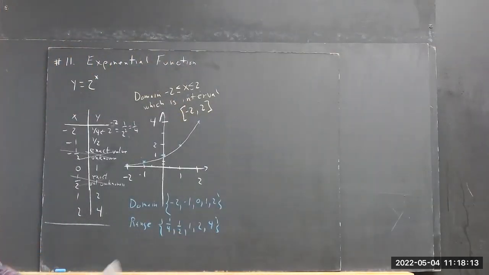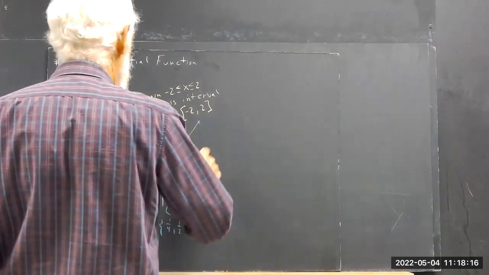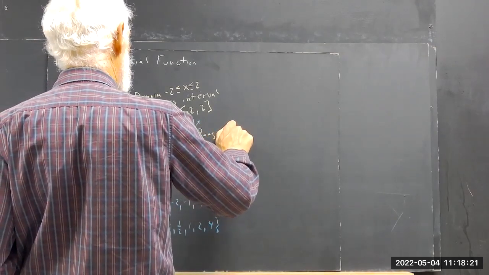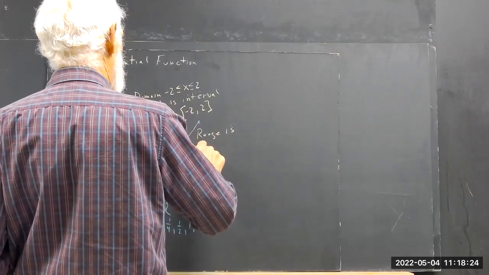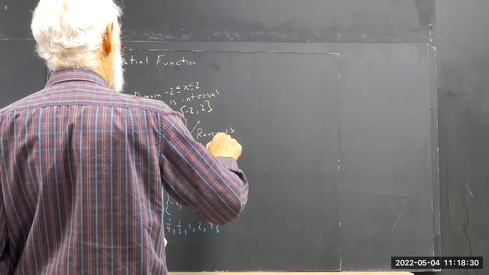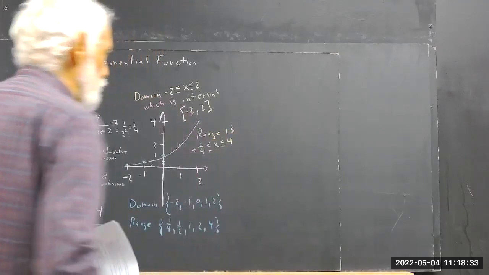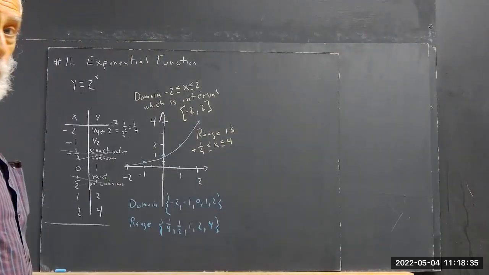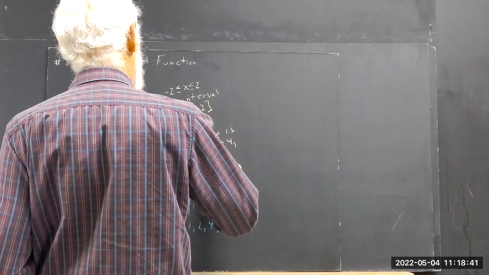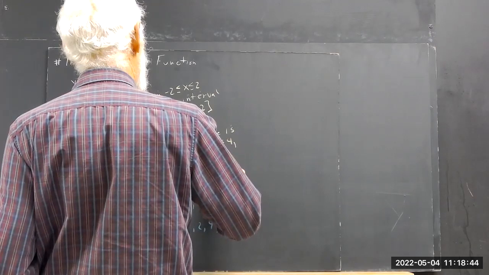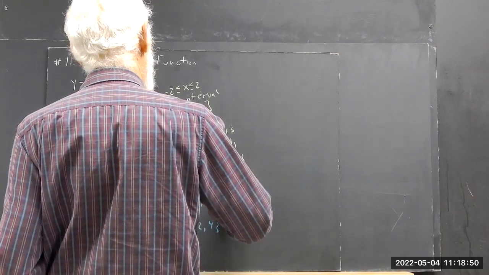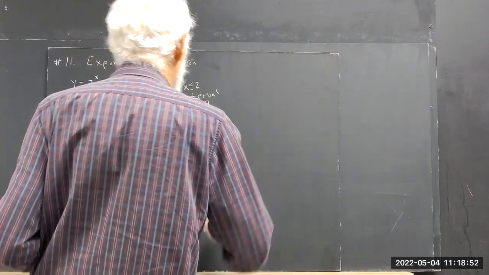That's terminology I think you've seen. Range is your y values from 1/4 to 4. That is the interval [1/4, 4].